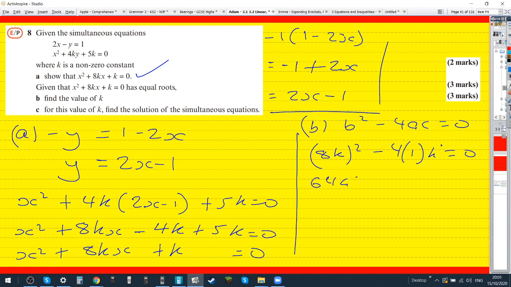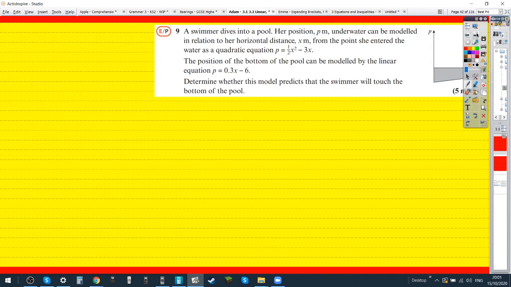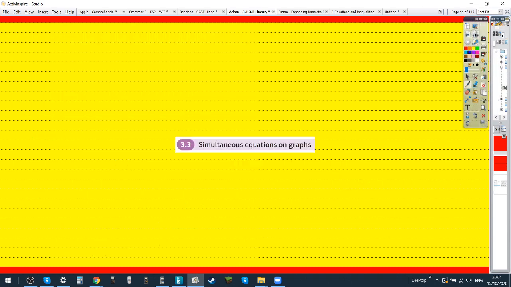So 64k squared minus 4k equals 0. And you would put that in your calculator and get the answer for that one. But that's how you go about that. So if it's equal roots, then the discriminant equals 0.